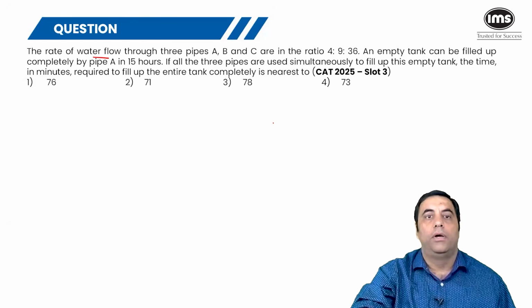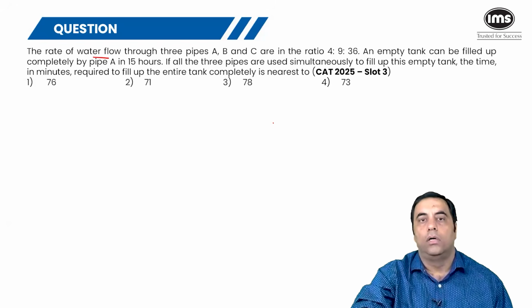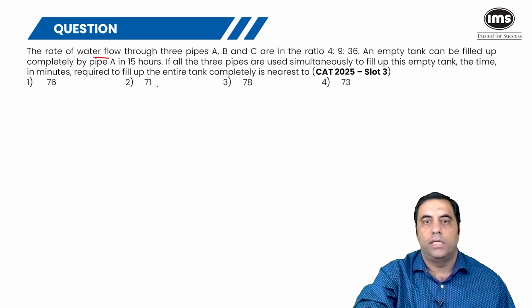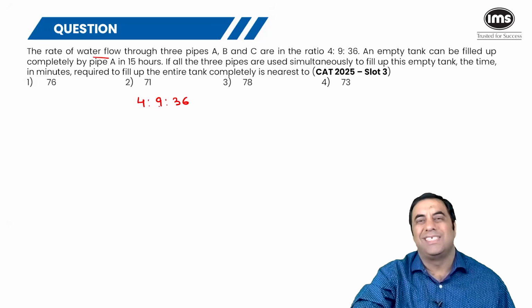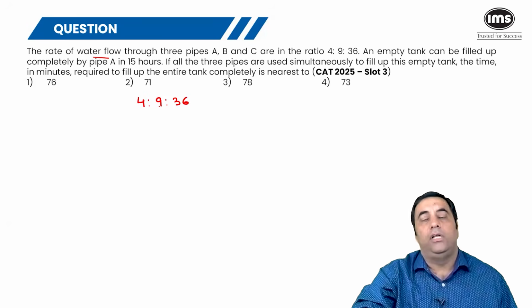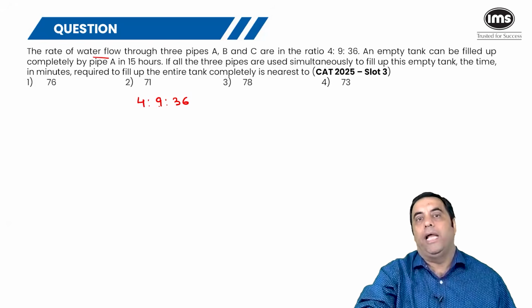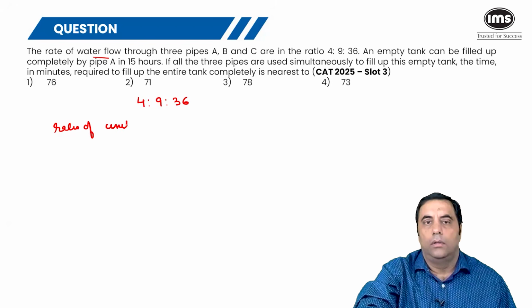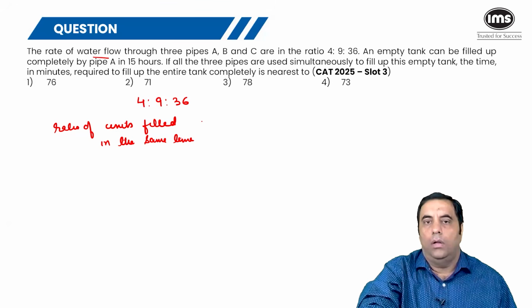How we need to approach it: because it says the rate of water flow through three pipes is in the ratio 4:9:36, in the same amount of time, the ratio of units filled by these three pipes will also be in that same ratio.